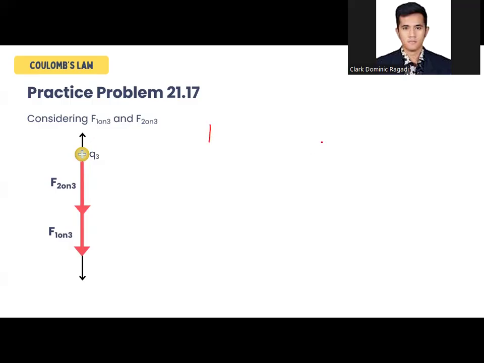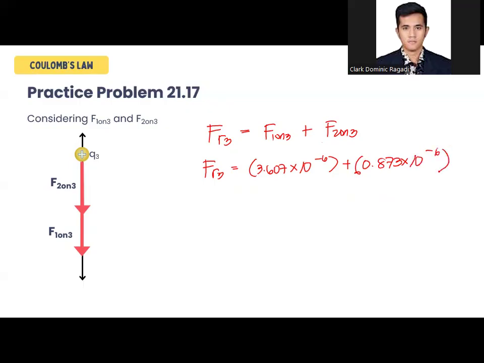So FR3, the force acting on 3, is F1 on 3 plus F2 on 3, which is 3.607 times 10 to the power of negative 6 plus 0.873 times 10 to the power of negative 6.